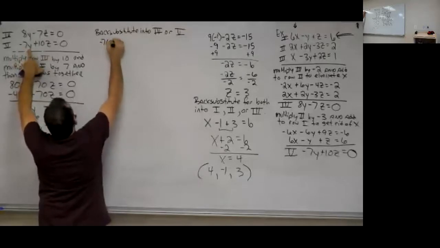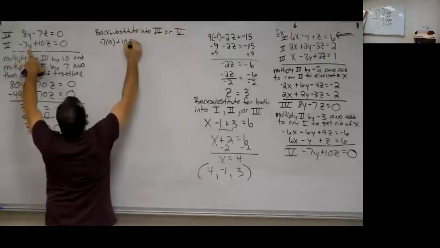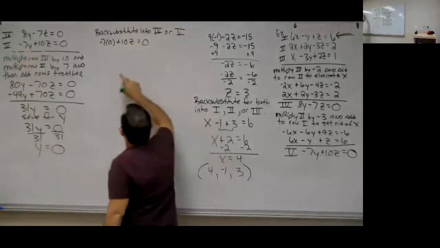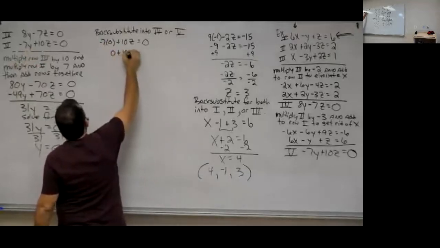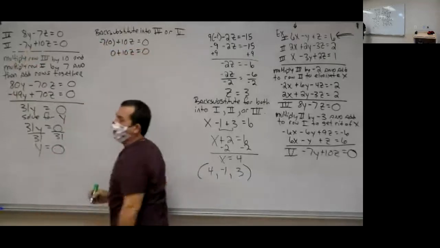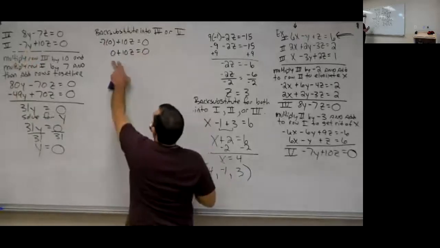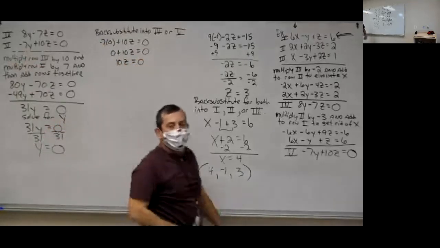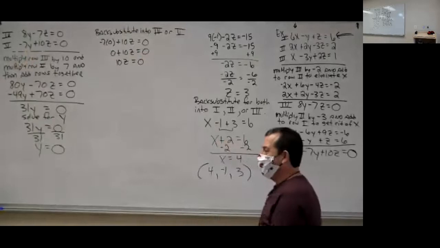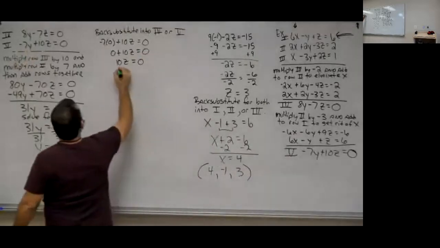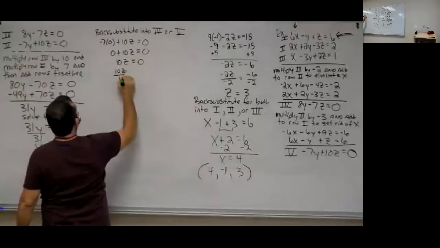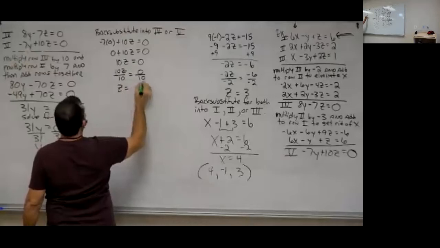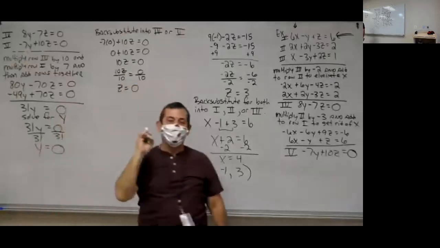Negative 7 times 0 plus 10z equals 0. Well, that's a 0 plus 10z equals 0, so I get 10z equals 0. Looks like I'm getting a lot of zeros from this one. So now let me divide by the 10 to make that official. And z, 0 divided by anything is still going to be 0.